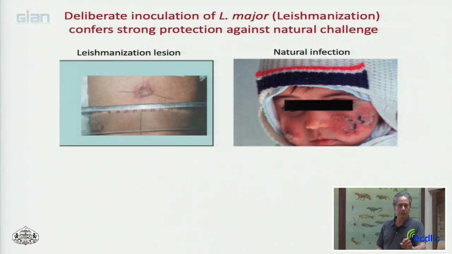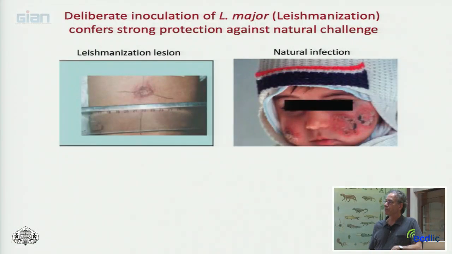So I want you to appreciate, this is not really a vaccine. They're being given leishmaniasis. But it's a controlled dose. The lesions are typically not so severe, but they are chronic. They take a while to heal. And it's not an attenuated strain. So it's not really a vaccine per se.